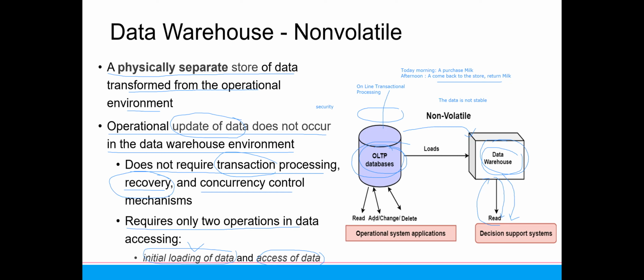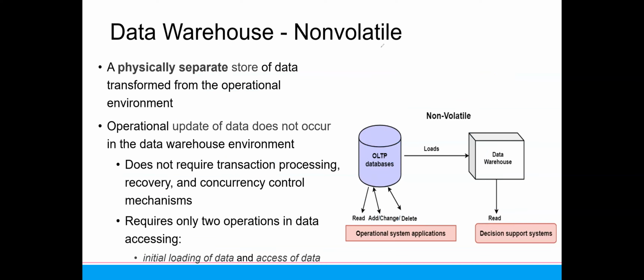But for the transactional, you need to add, you need to change, sometimes you need to delete. So we need to avoid this kind of operation in the data warehouse, because these operations belong to OLTP and will not happen in the data warehouse.